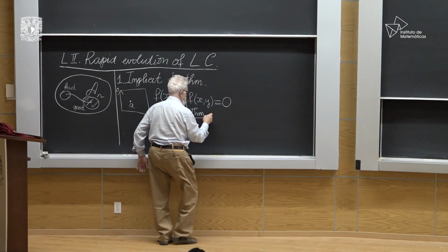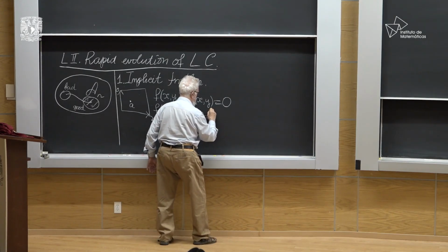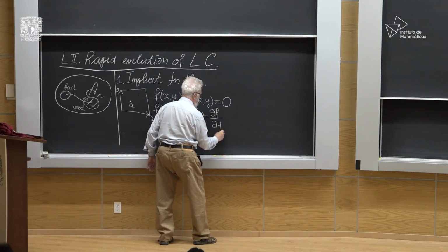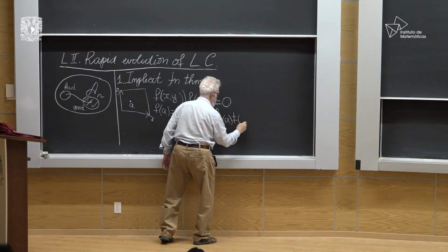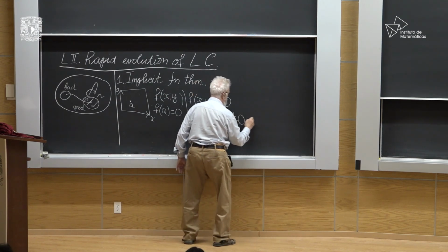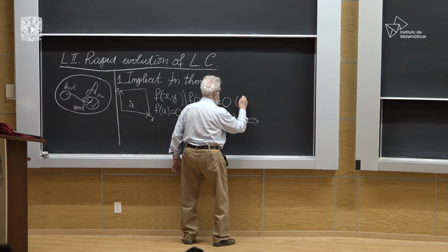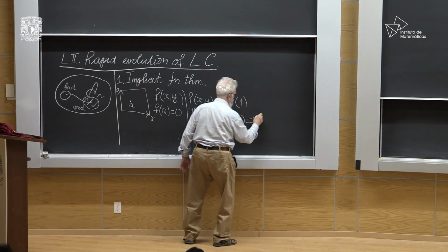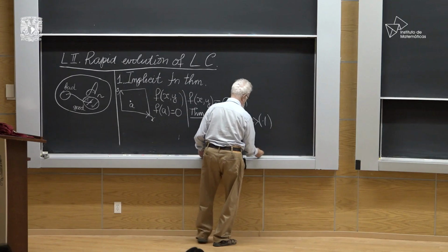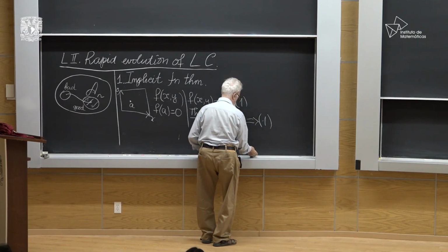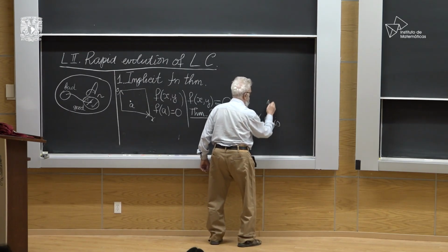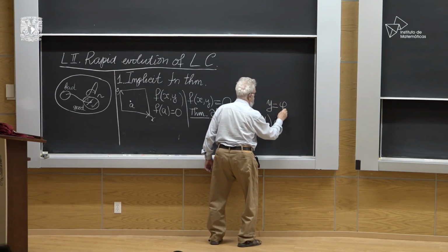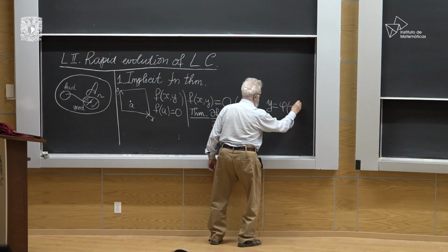that if the derivative of f in y at the point A is different from 0, then this set of (x, y) is given by y equal to a function of x.